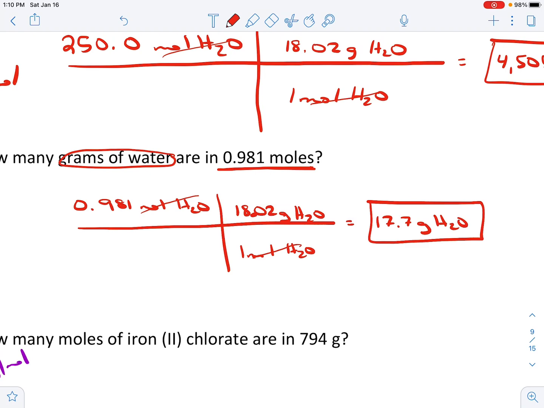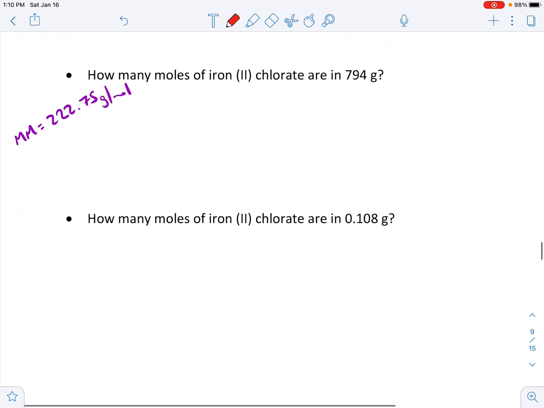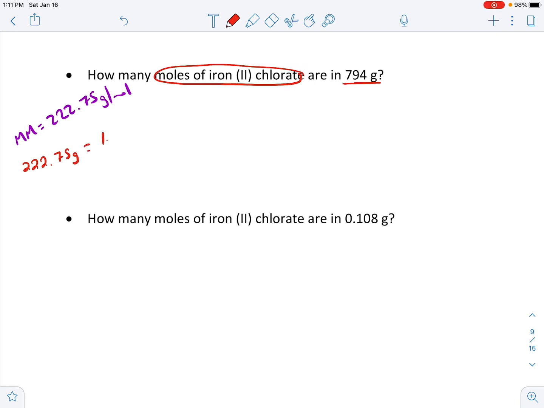So let's see if we can't reverse that using iron 2 chlorate. So rolling down, this time we're looking for moles of iron 2 chlorate, and we have grams, and we have our molar mass. And remember, if we rewrite it like this, 222.75 grams equals 1 mole. So this time we're going to start with 794 grams.